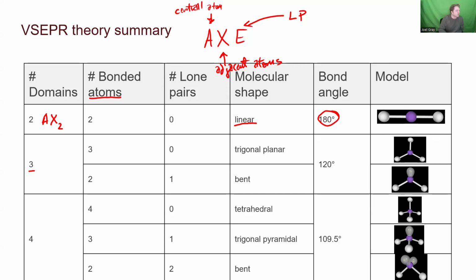Now, when it comes to number of domains, what we want to do is look at how many lone pairs of electrons and how many bonded atoms. Well, we can say that if a molecule has 3 bonded atoms, we would label it AX3. It has 0 lone pairs of electrons. This is referred to as trigonal planar.